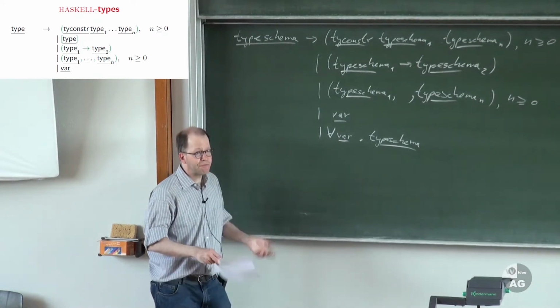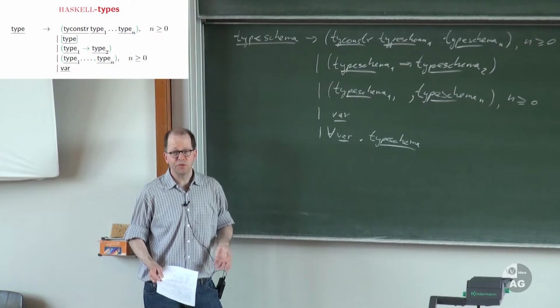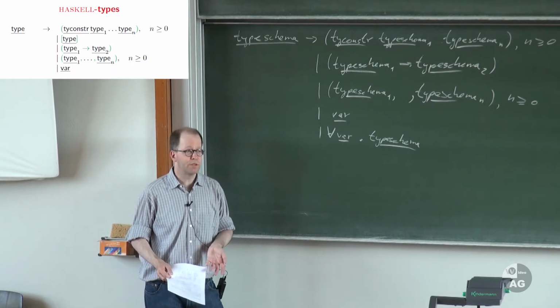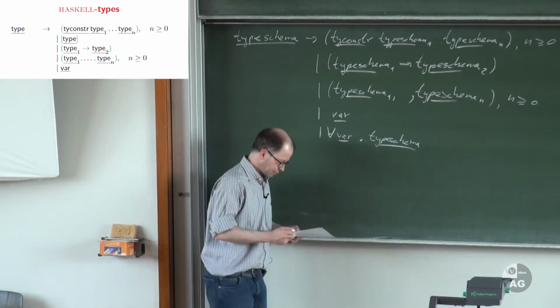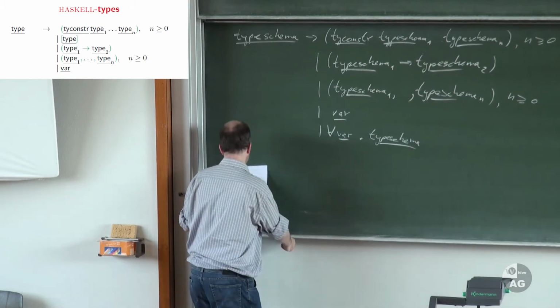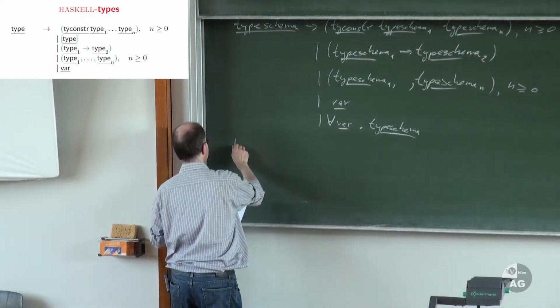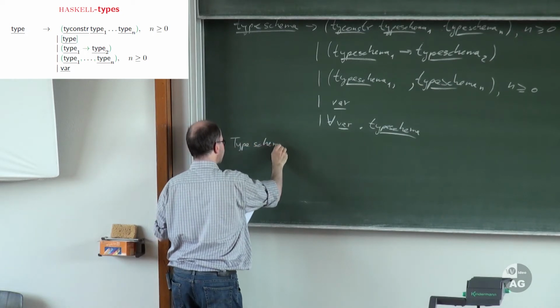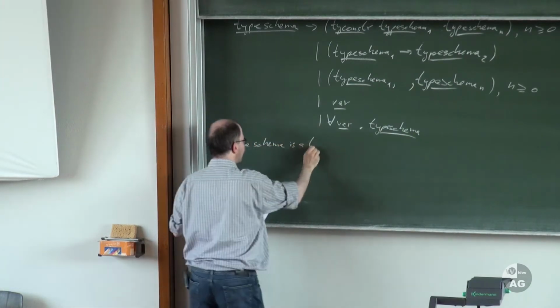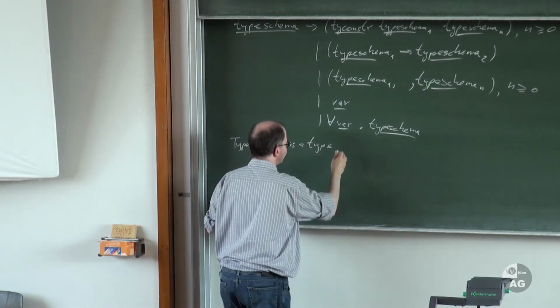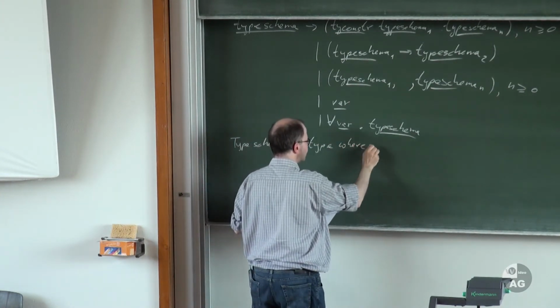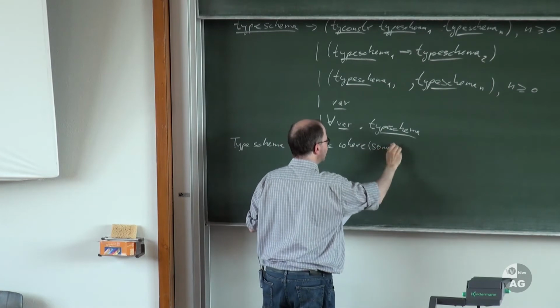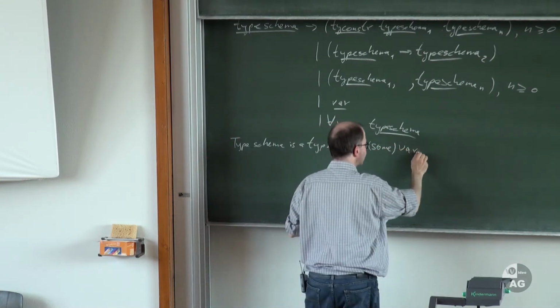And in particular, every type is also a type schema. So you don't have to quantify every variable, but you may. So a type schema is a type where certain variables can be quantified, where some or none or all variables can be quantified.